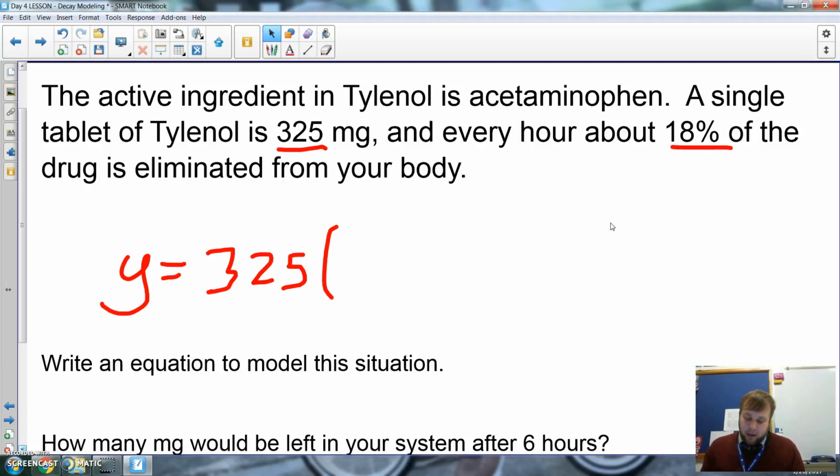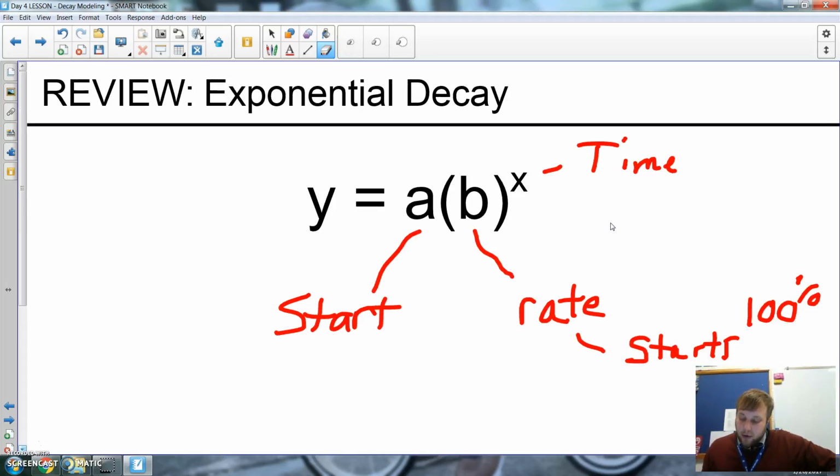So it starts off when I take it for the first time. Now, you're going to get it wrong if you put 18% in like that. A lot of people do, and you're going to get it wrong, because of that important caveat that I talked about. The caveat I talked about in the last slide was, remember, everything starts at 100%.